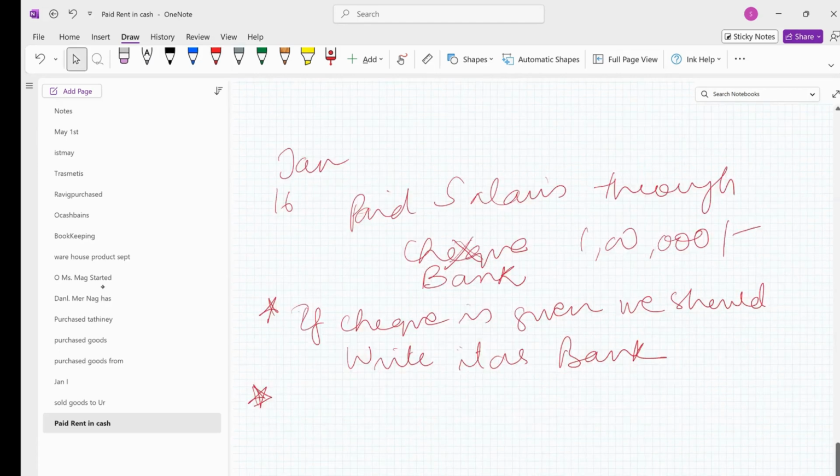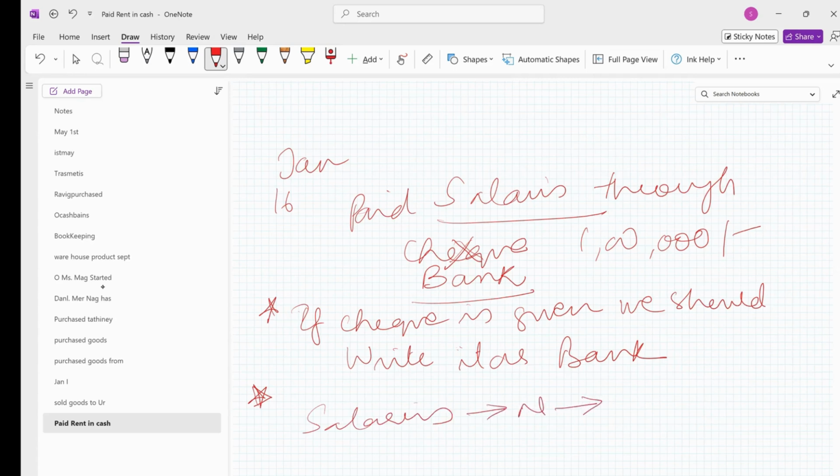Now next one is, identify two important items: salaries and bank. Salaries belong to nominal account. Nominal account rule is debit expense and losses, credit income and profits.